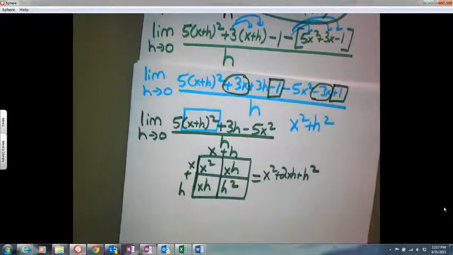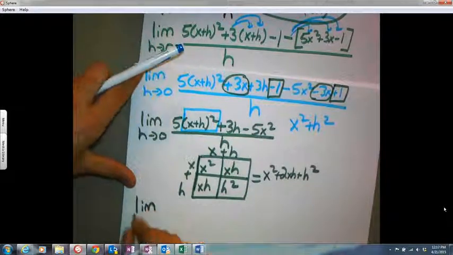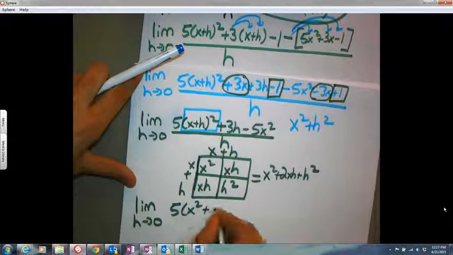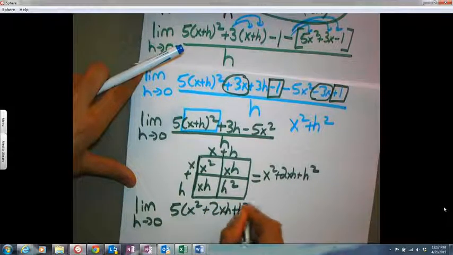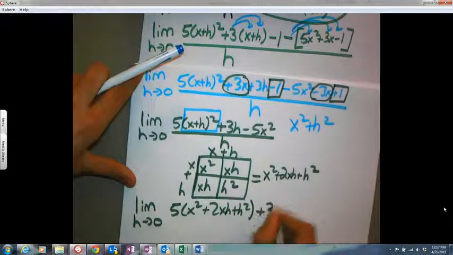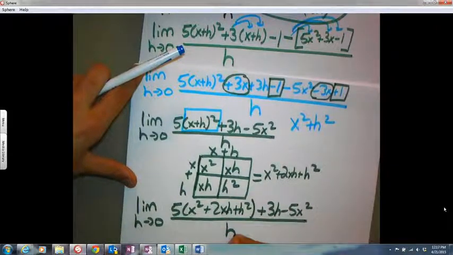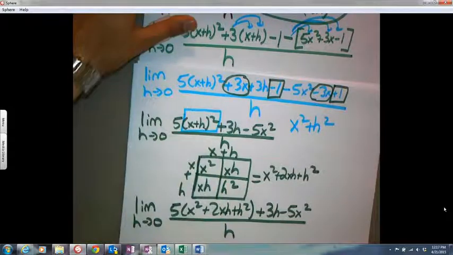I got limit as h goes to 0, 5 x squared plus 2xh plus h squared plus 3h minus 5x squared all over h. Distribute the 5.